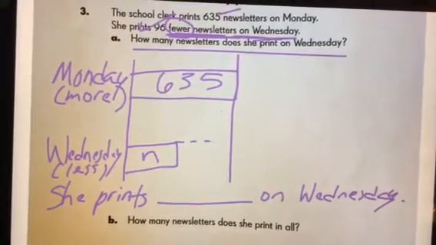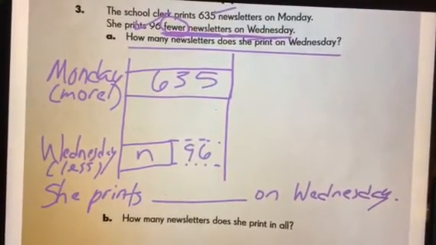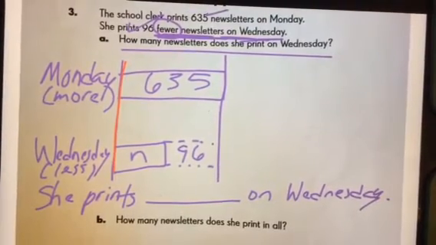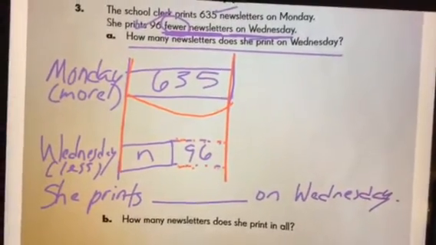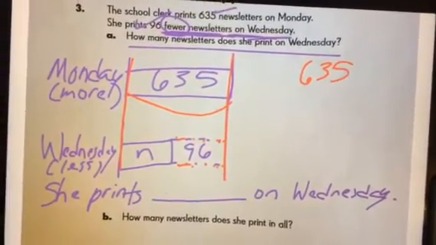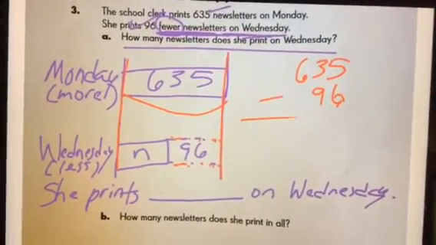I would do the dotted line for 96 because it's that many less. See? The reason we do the beginning line and the ending line is so you can see that the total number is 635. And Wednesday is this many less. Which immediately tells you you must subtract to find your unknown number n.